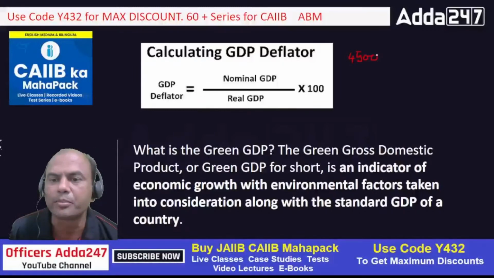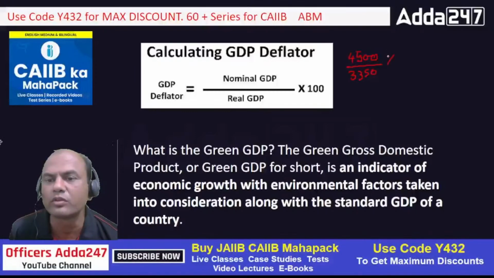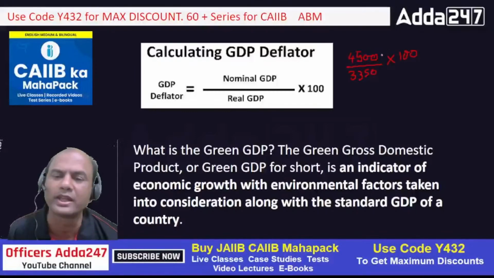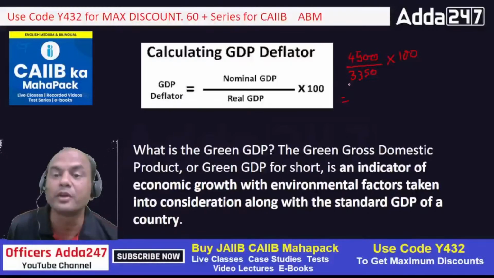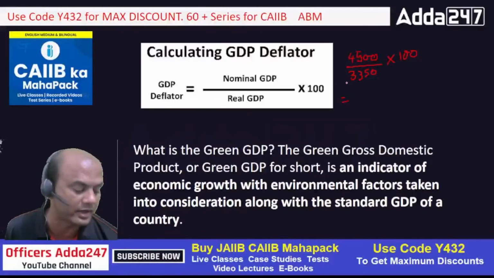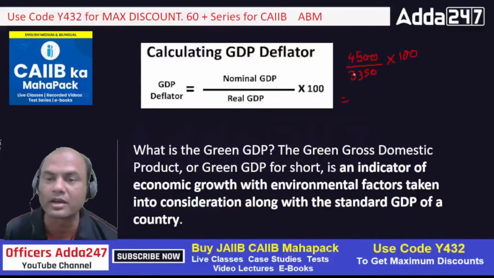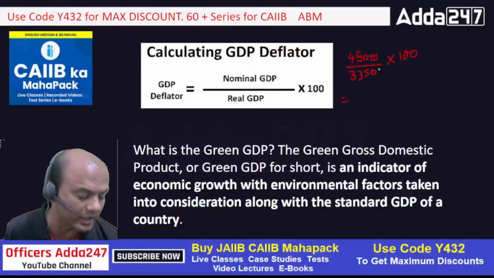4500 upon 3350 into 100. Of course you have to multiply by 100, because after all it's a percentage. What is the answer you are getting? Let me also try it over here. Even I haven't tried this, because I also do fresh questions over here. I don't keep prepared ones, because I want you and me to be on the same page.